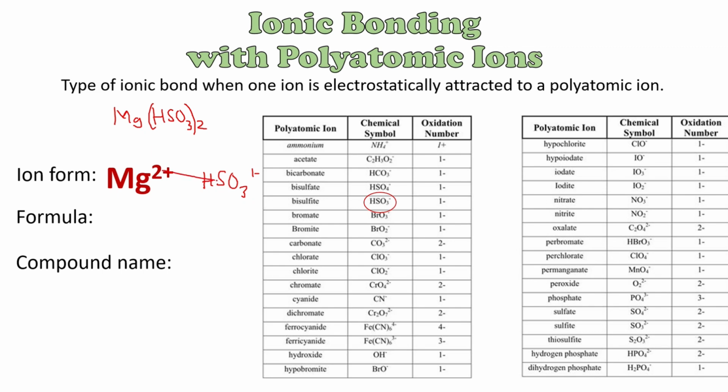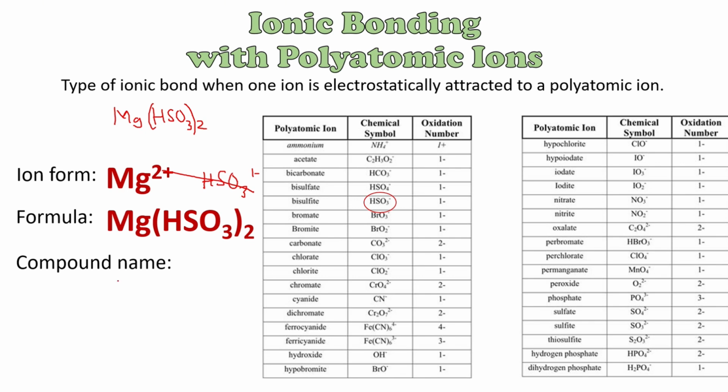So, kaning 2, kung ibutang na nimo dito sa kilid, kailangan na i-parentheses ang original nga HSO3. So, ang answer is Mg parenthesis HSO3 parenthesis 2. So ang pasabot ana gikaduha ni nato kaning grupo ha, gikaduha na nato para mahimo siyang compound with the magnesium.